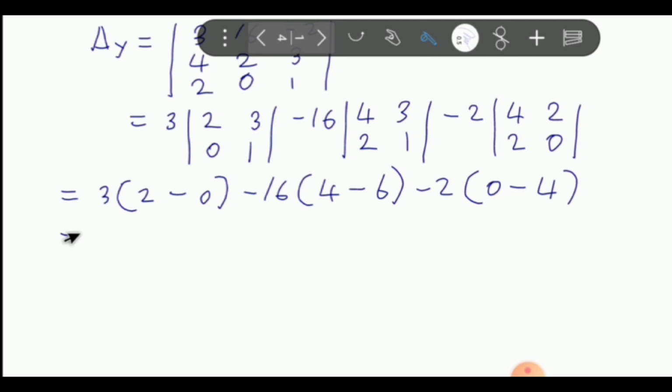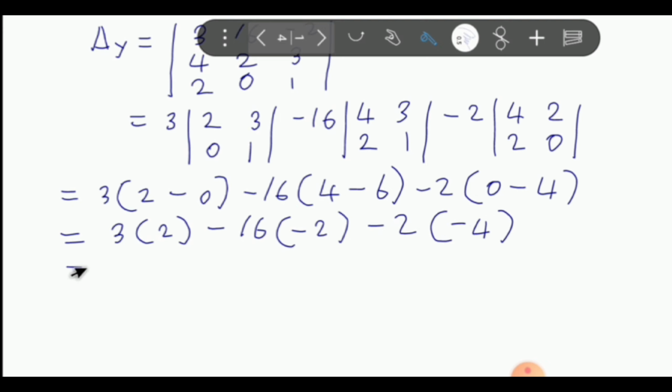So we say, here will be 2 minus 0, that's 2, so we say 3 bracket 2 minus 16. Open bracket, 4 minus 6, that's minus 2. Then minus 2. 0 minus 4, that's minus 4.